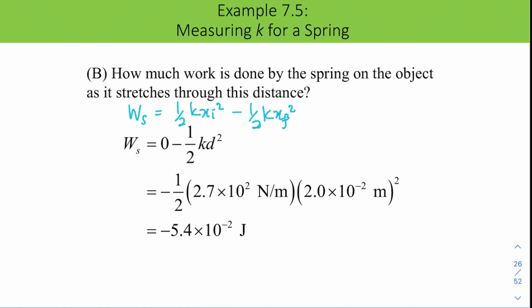Our x initial is the equilibrium position, that is why it's 0, and our x final is the d. Then the formula will be simplified into this. Then you may now substitute the value of k and also d. It gives you the final answer of this.